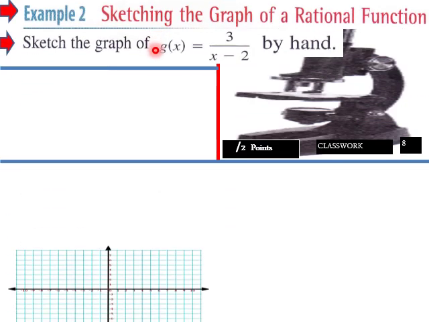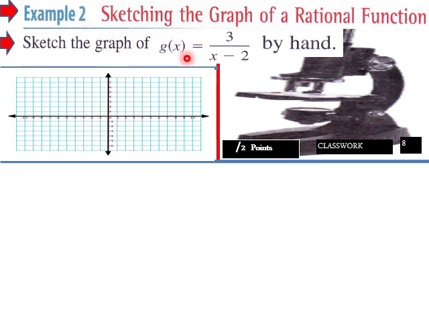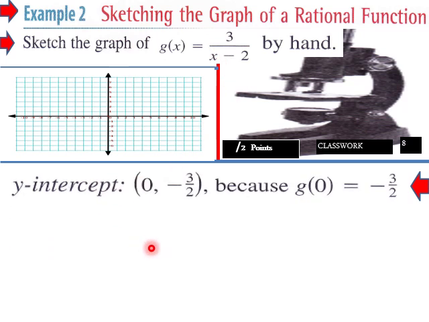Example 2, sketching a graph of rational functions. Sketch a graph of g of x equals 3 over x minus 2 by hand. So y-intercept, 0, negative 3 over 2, because g of 0 equals negative 3 over 2. So when x equals 0, y would equal 3 over negative 2.